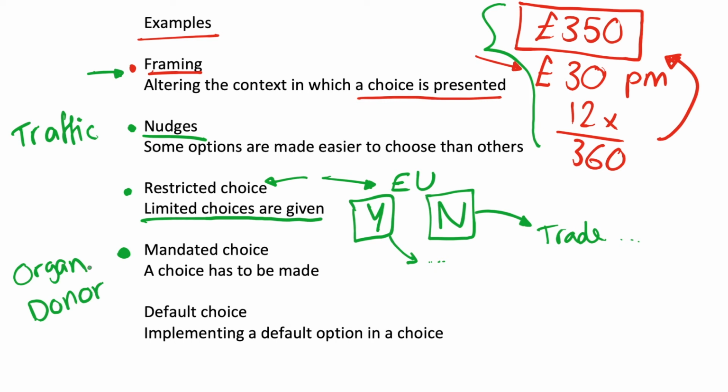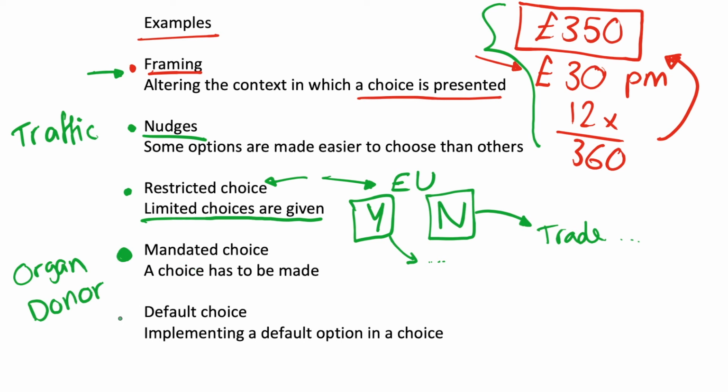And so you have to make a choice on this. You are not just automatically opted out, and if you decide you want to become one, you can, if you want to write a letter to the government or a certain department of the government to sign up to be an organ donor, you have to make a choice, and it's a yes or no choice, but you have to.